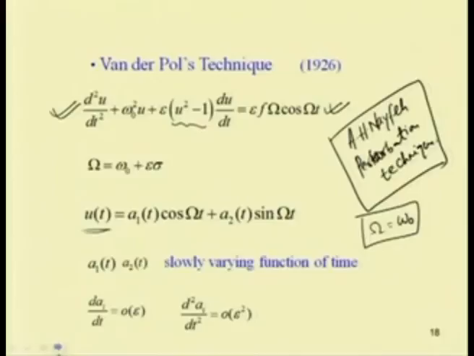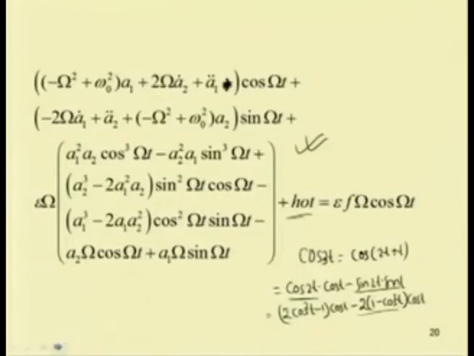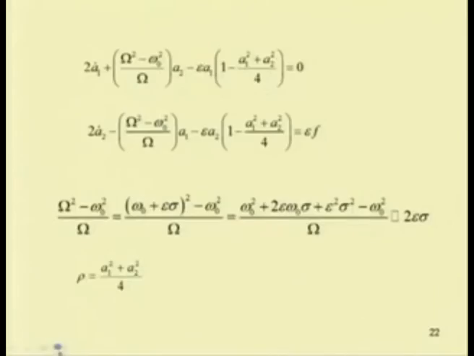So, instead of writing a₁, a₂, one can write using a single term a also, or one can use this term ρ to represent (a₁² + a₂²)/4. So, (ω² − ω₀²)/ω can be approximately written like this.